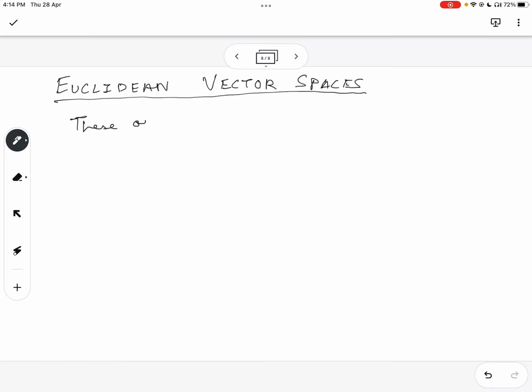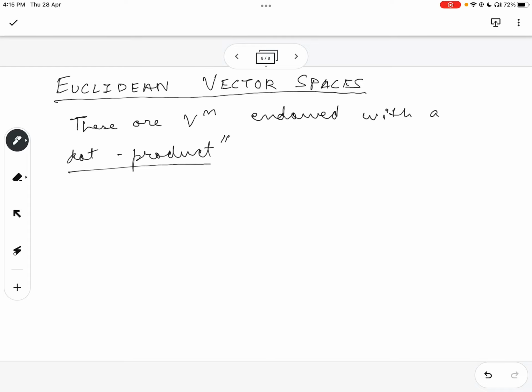These are n-dimensional vector spaces endowed with a dot product, that is u dot v.